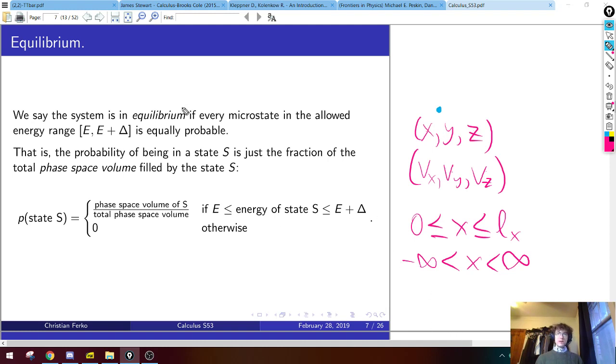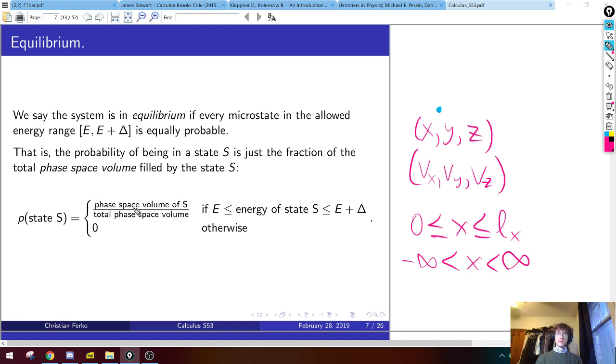So when I talk about all microstates being equally probable in a case where there's infinitely many such states, I really mean something called a volume, a phase space volume, which I'll explain a little bit more in a moment. But all this means is that when you have something like an ideal gas, you have to do integrals to find the volume.